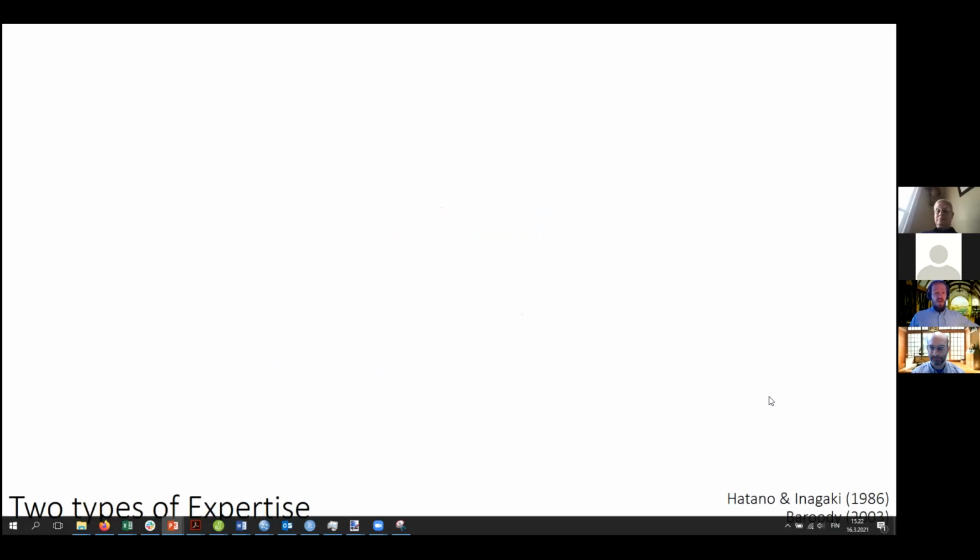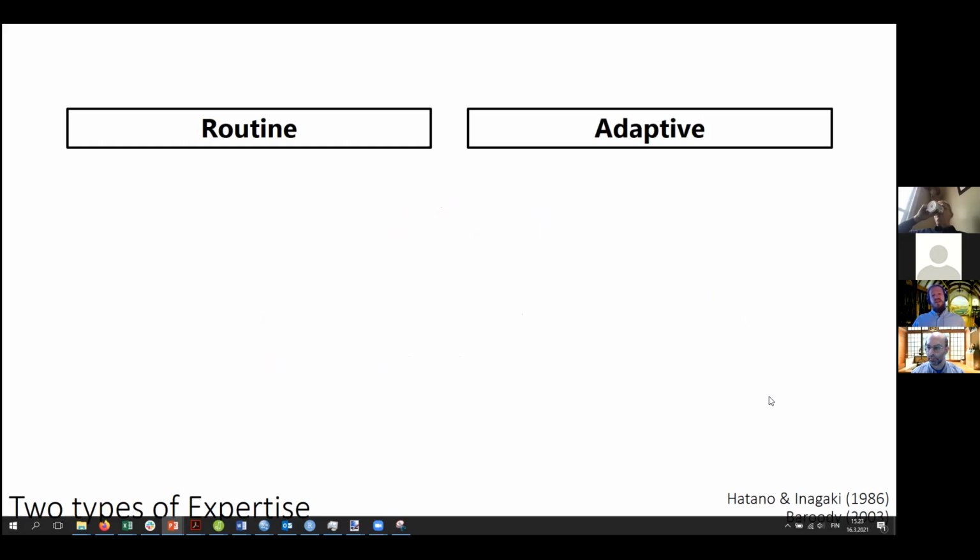The basic theoretical premise is that there are two types of expertise that have been looked at for the past 30 years in research on math and other topics: routine expertise and adaptive expertise, and these can be differentiated in some way.